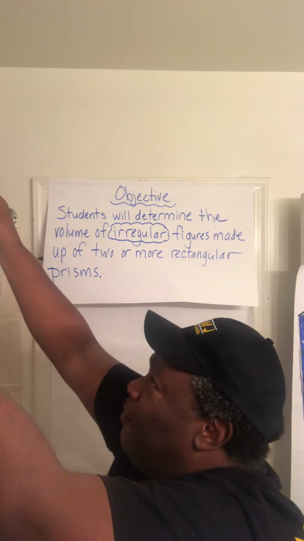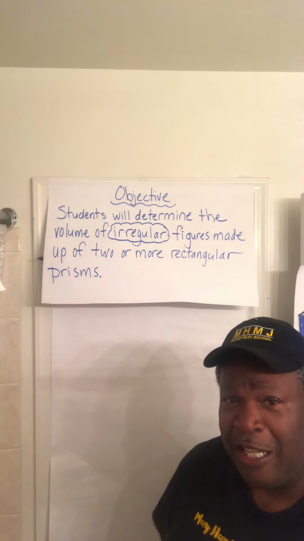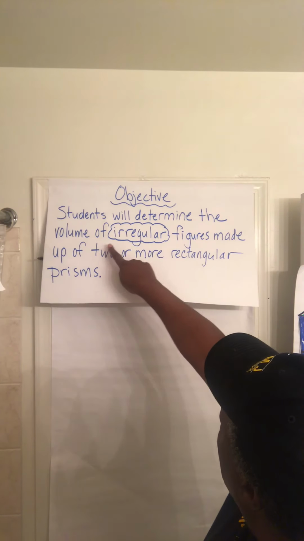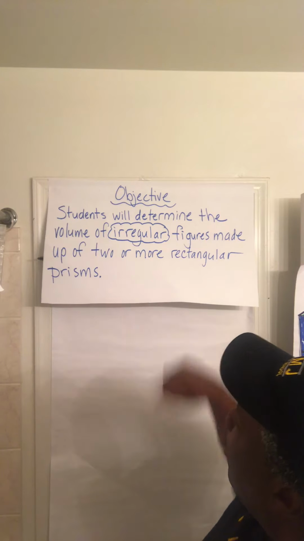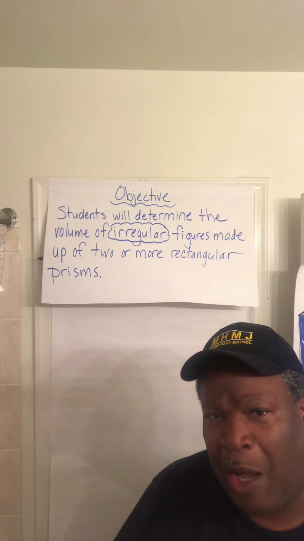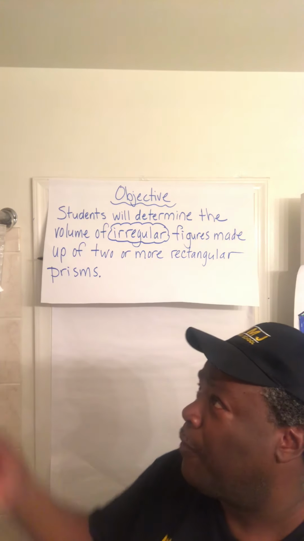Put that up here. Okay, the objective for today's lesson is students will determine the volume of irregular figures made up of 2 or more rectangular prisms.